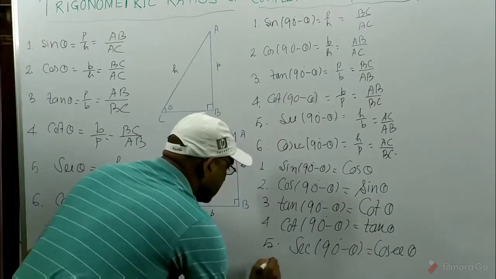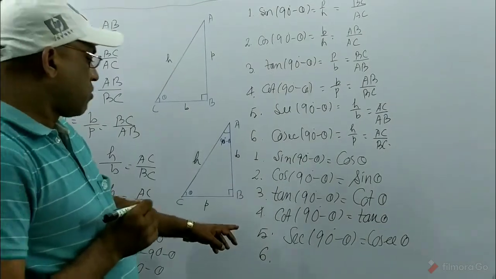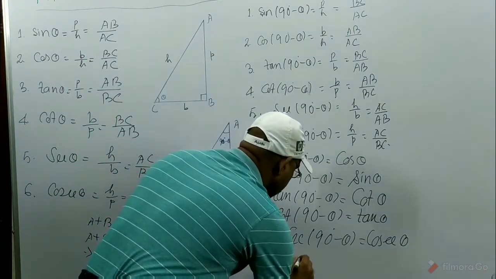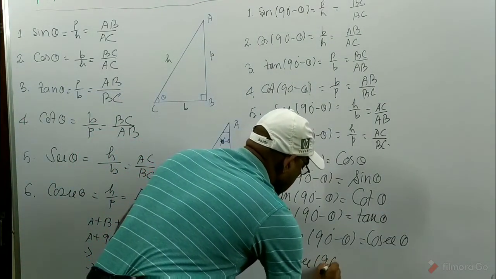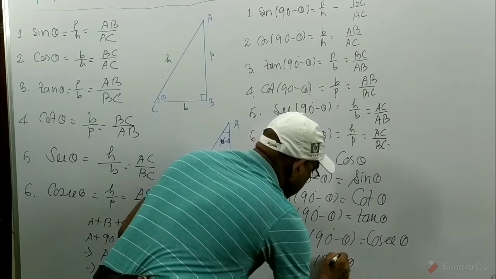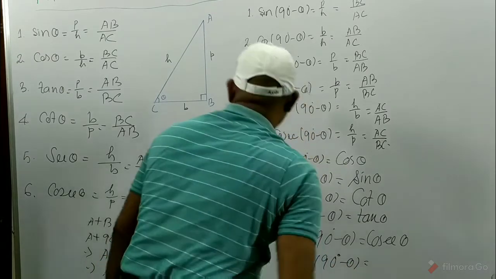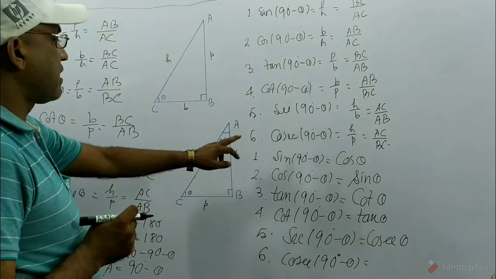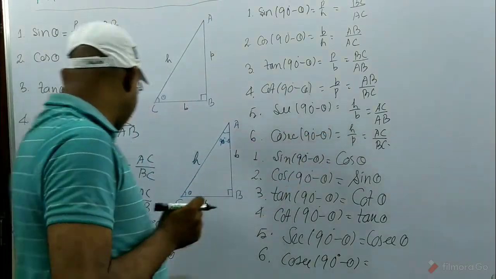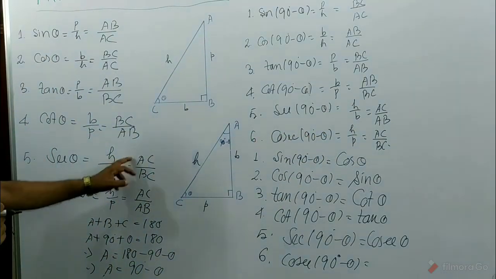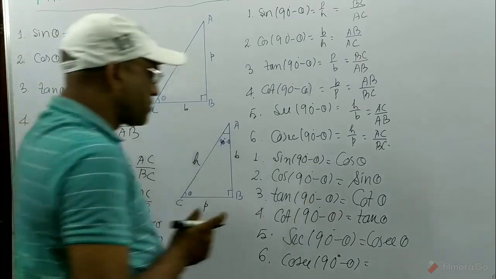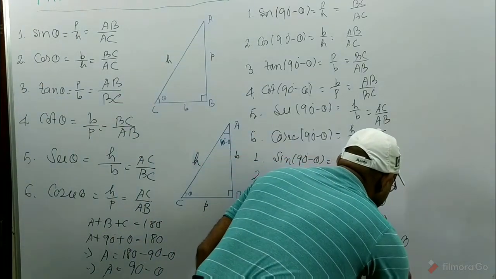And number 6, cosec 90 degrees minus theta is AC by BC, and AC by BC is sec theta. So we get sec theta.